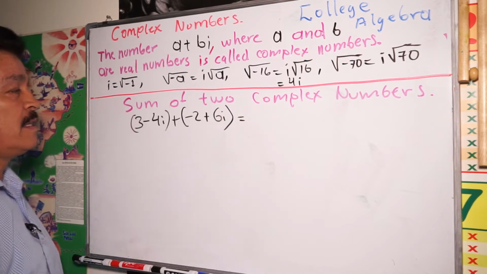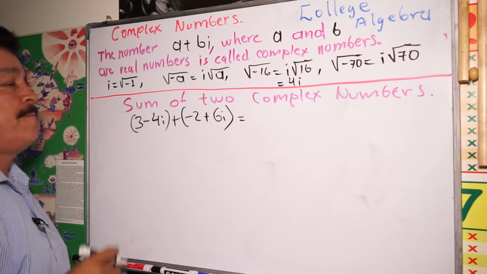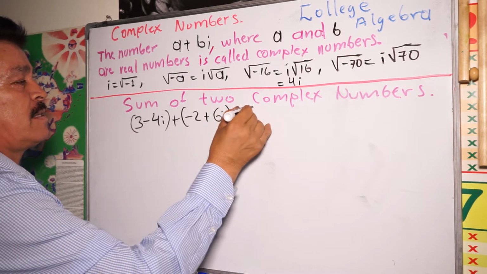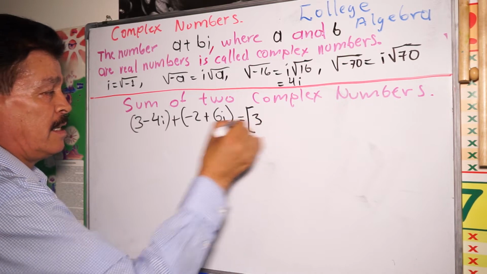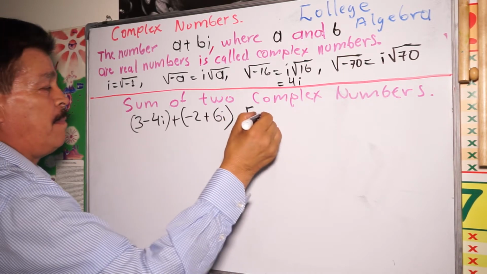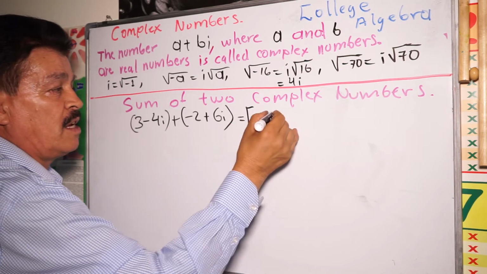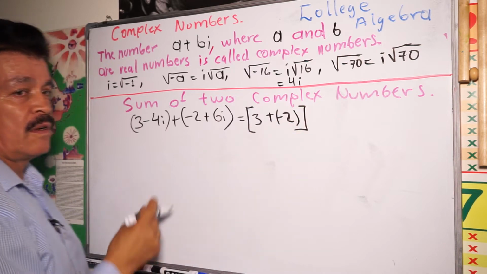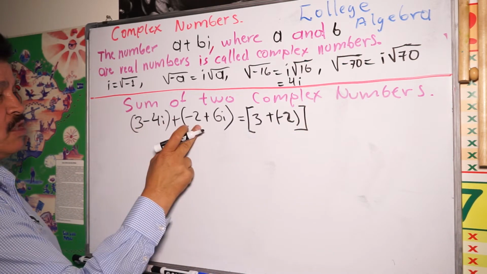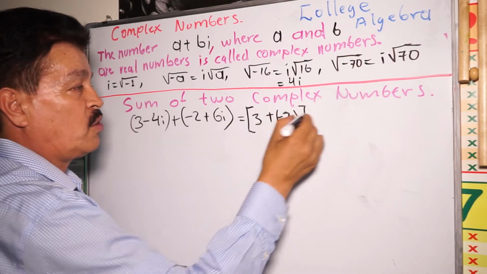Equals, this is going to be equal to, let's open this. It will be 3 plus, you have to write the real numbers first, minus 2, okay, 3 and minus 2, and then the complex parts, put it together.